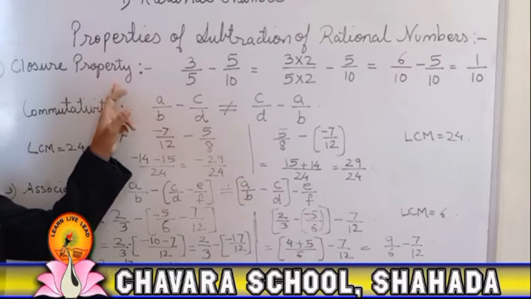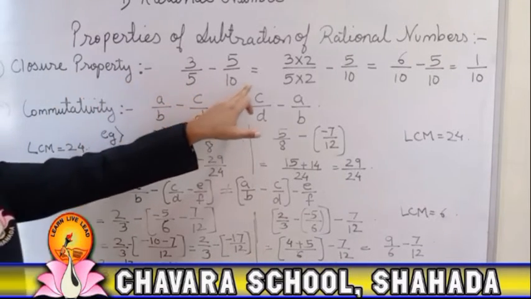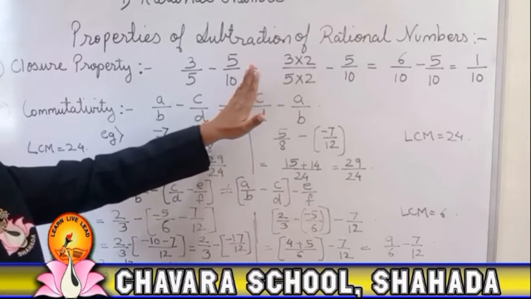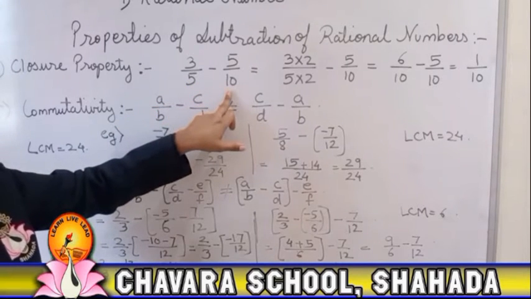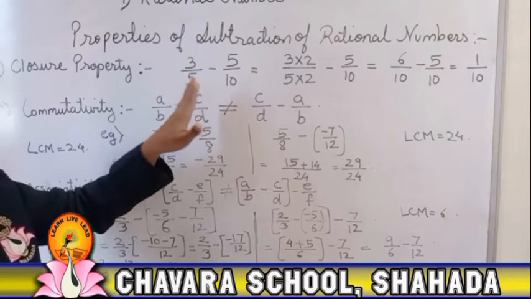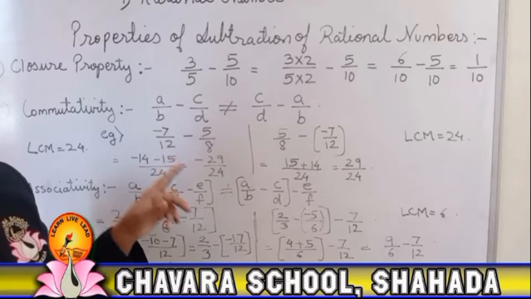Closure property: 3 upon 5 minus 5 upon 10 equals to. Here first you have to notice that the denominators are not the same. So we will find the LCM, and the LCM for this will be 10.